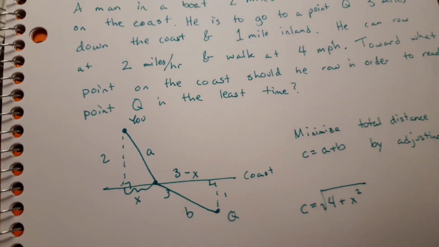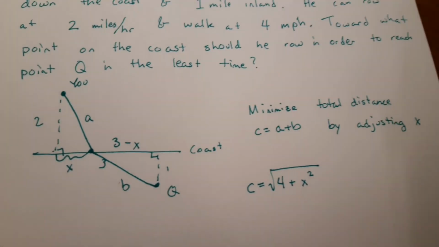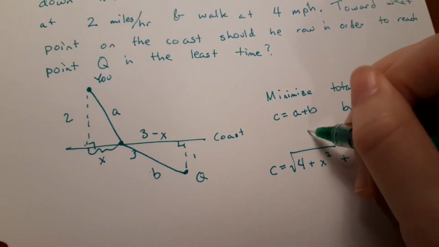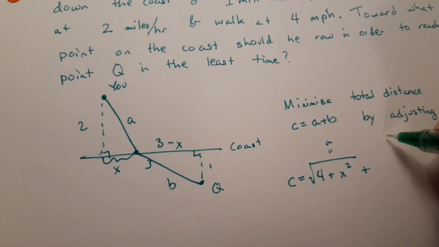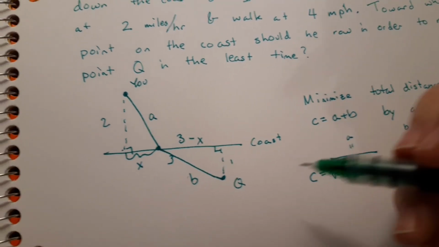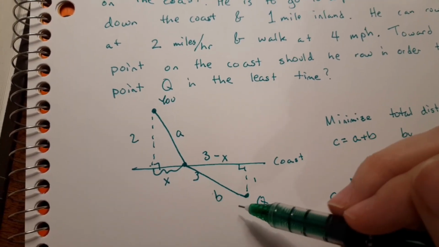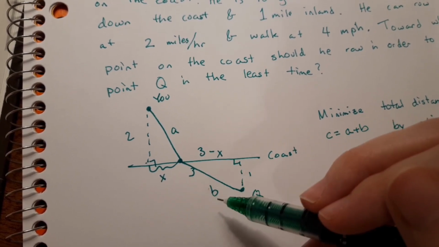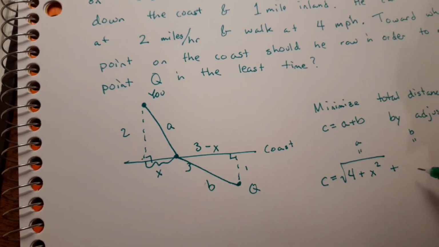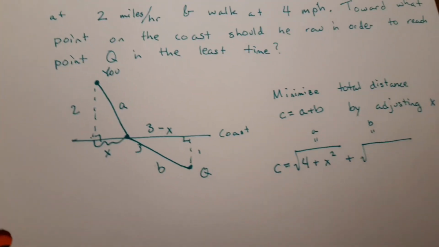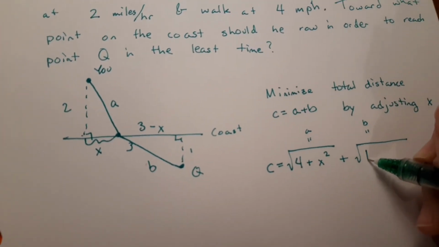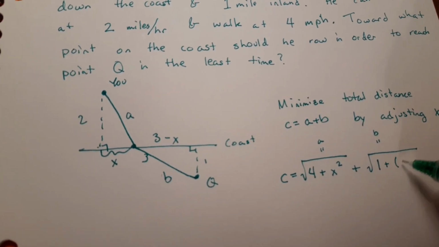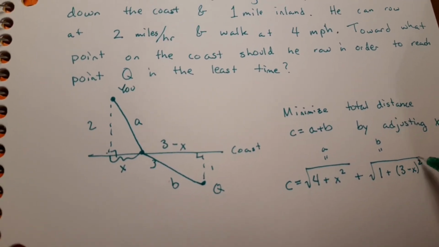Then B squared is equal to 1 squared plus 3 minus X squared, so B is the square root of 1 plus 3 minus X all squared.